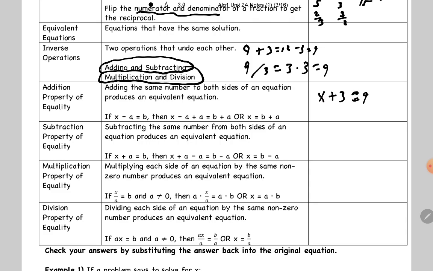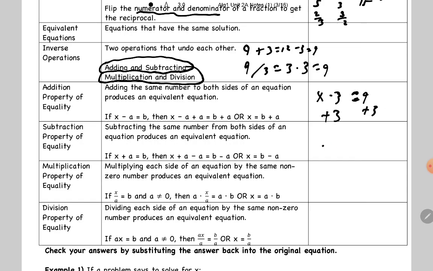So when I'm talking about sides, there's the sides of the equal sign. So there's the left side and there's the right side. And what this says is I can add anything I want to both sides. So actually, let me change this really quick to minus 3. So I can add 3 to the left side as long as I add 3 to the right side.